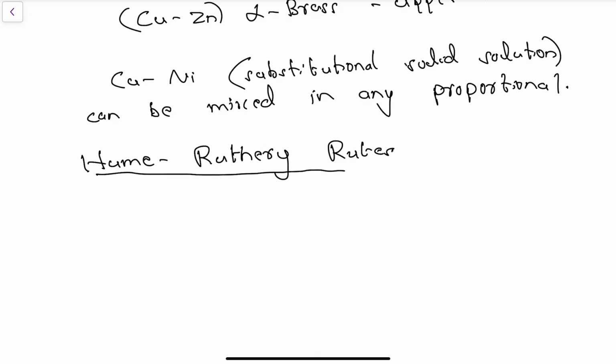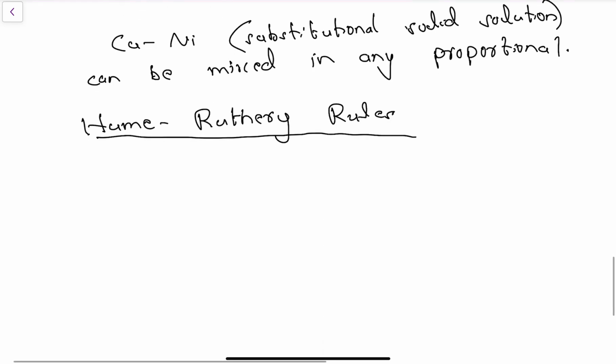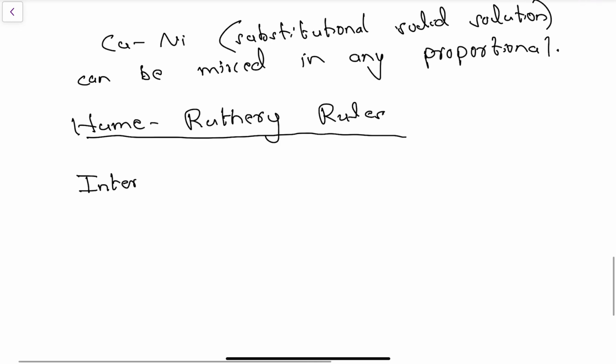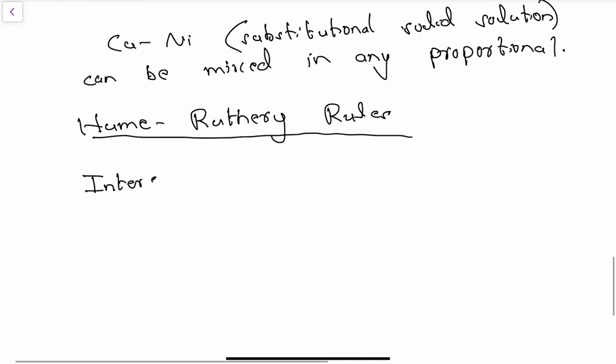Once we understand the Hume-Rothery rules, we can predict the solubility limit also. So first, let us take the example of the interstitial solid solution and see why it has an upper limit.